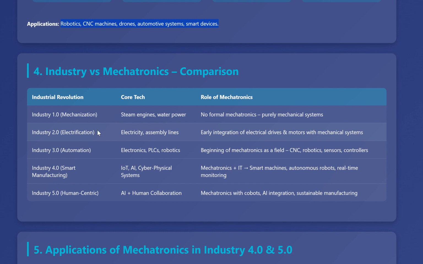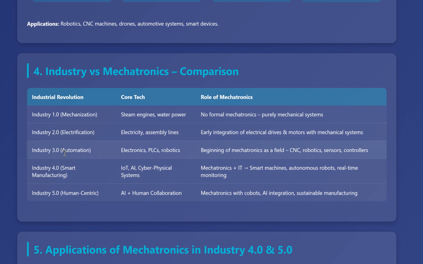So in Industry 2.0, we have an aspect of mechatronics, which means integrating this electrical system to drive motors, which are mechanical systems. It had the influence of mechatronics.